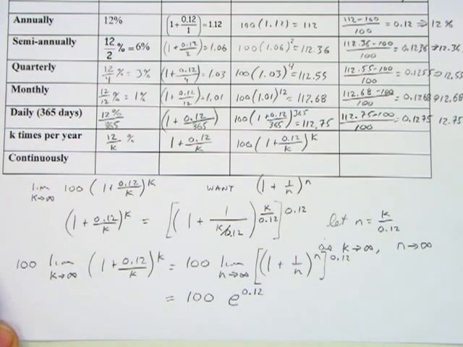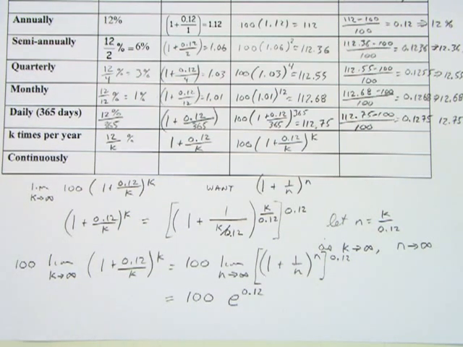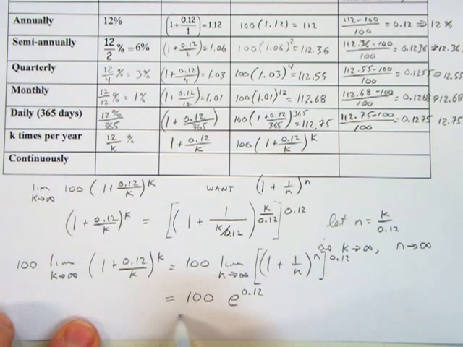And what you could do is take out your calculator and type in 100 times e, and your e button is 2 keys above your on button, to the 0.12, and what you get is approximately 112.75.